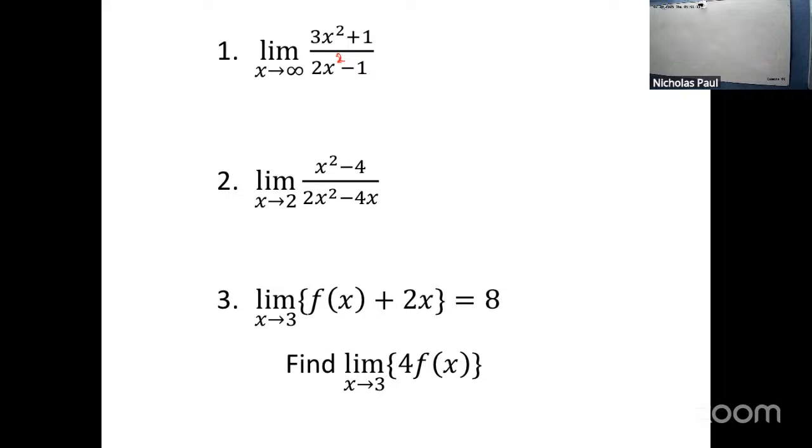All right, ready? Let's do number one. I'm doing number one and two, right? So for number one, I'm going to divide by the highest power.